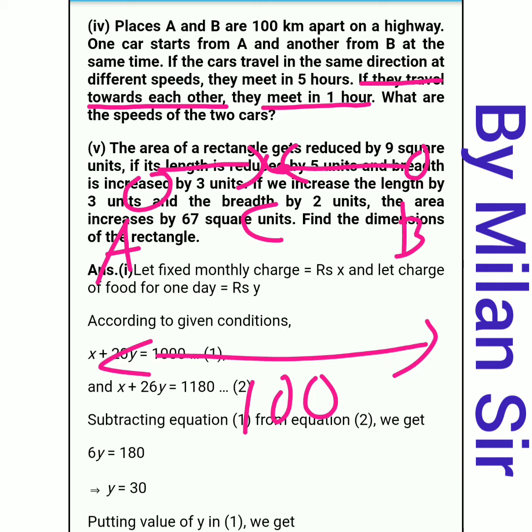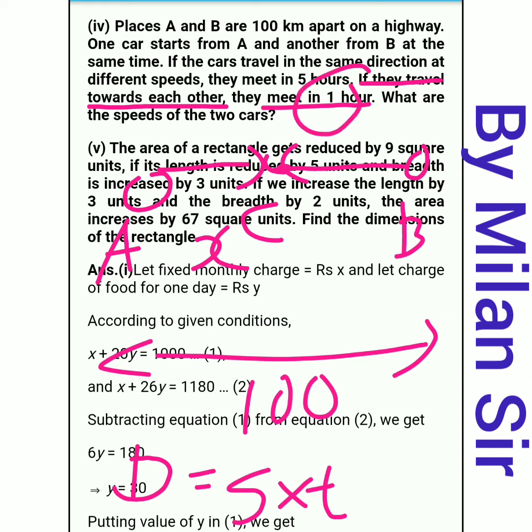Now what is the distance of AC? AC means the distance traveled by car A to reach point C. We already know that distance d is equal to speed times time. The speed of car A is x, and it is given they meet in 1 hour. So 1x.